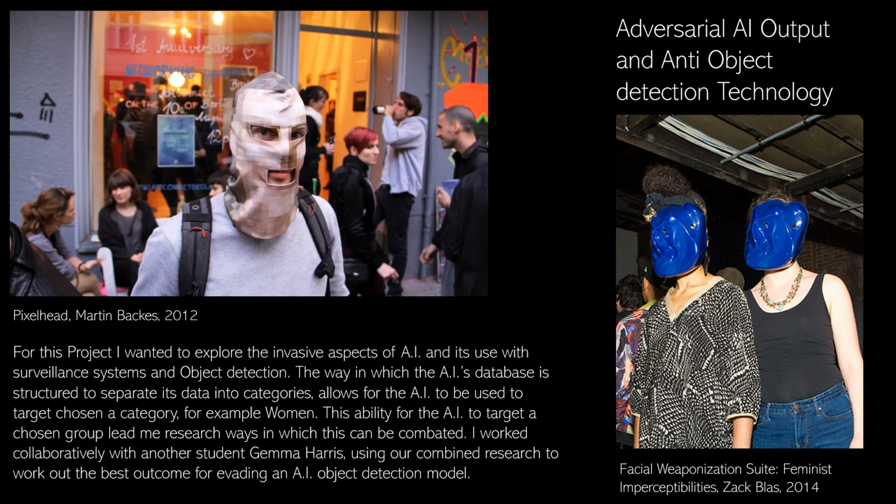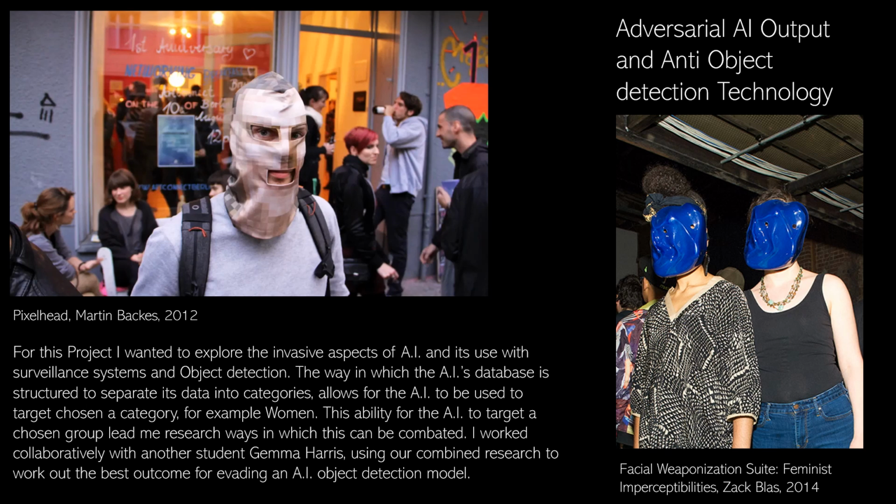For this project, I was interested in looking at adversarial AI outputs and the way in which they can be used to evade AI, which is paired with surveillance and object detection models. I was looking at some AI detection models and the way in which their databases are structured, the way in which everything is categorized and put in a section so the AI can differentiate and look through all its data properly.